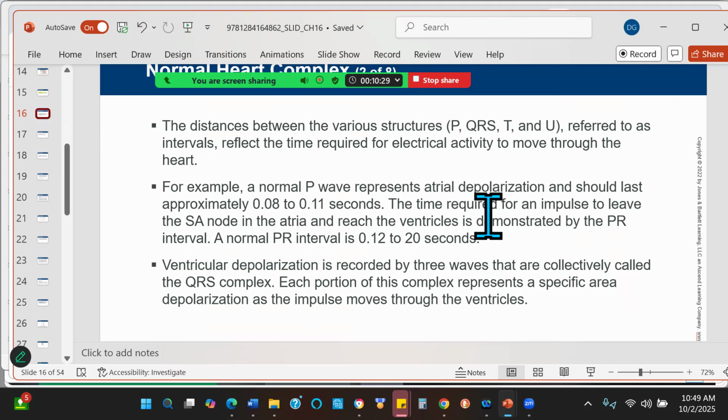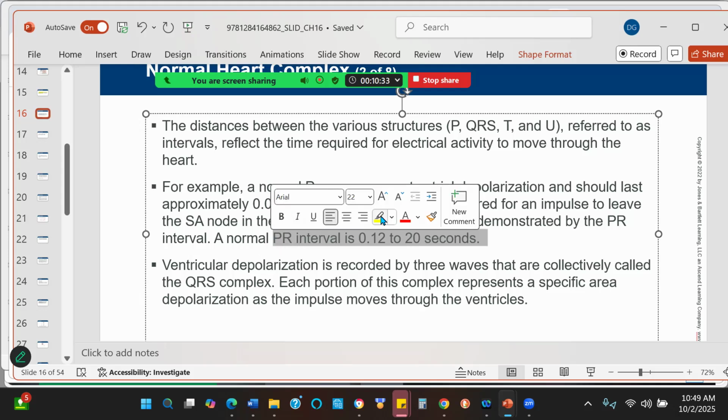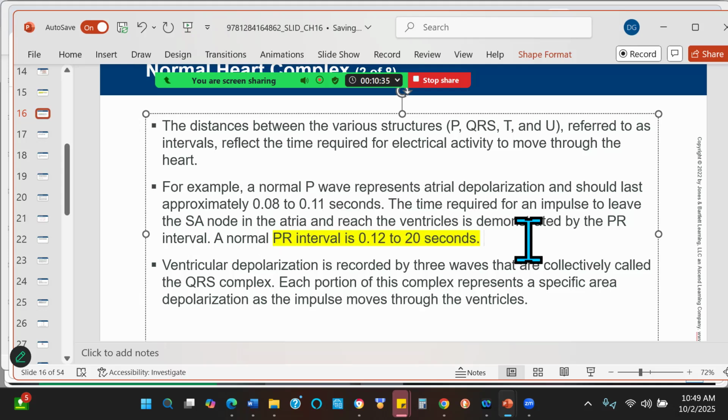Now here's the thing, the PR interval, this is important, is normally less than 0.2 seconds. The PR interval is normally less than 0.2 seconds. If it is longer than 0.2 seconds, that's considered a first degree heart block. First degree heart block. I imagine you've heard about heart blocks probably by now.